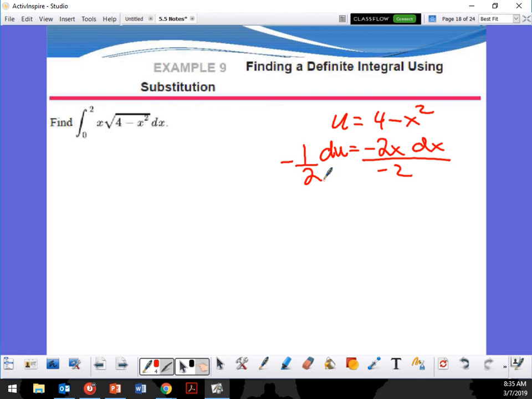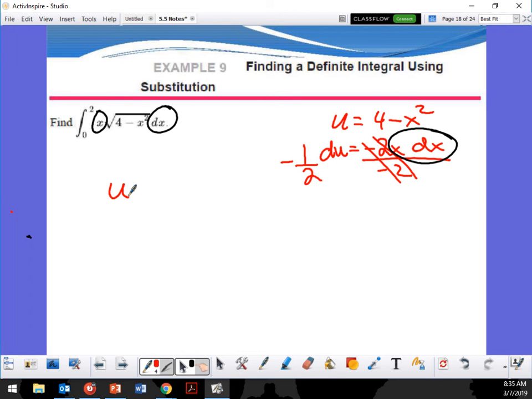All right, so now when I do this, my x dx is going to be replaced with negative 1/2 du. So I'm replacing that, so now my math is going to look like this. It's going to be u to the what?